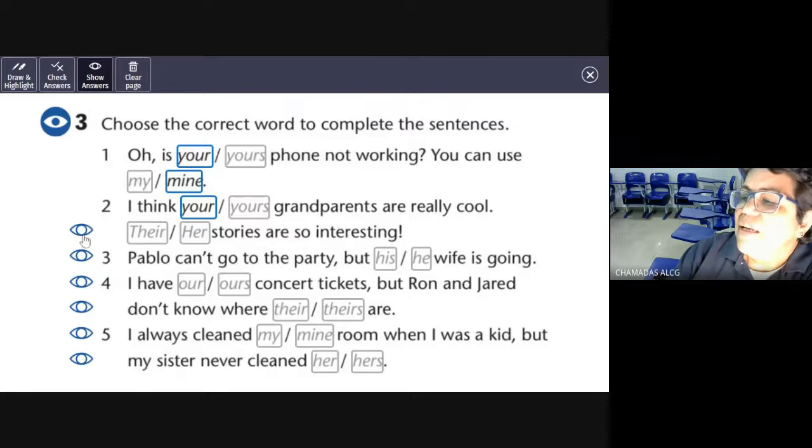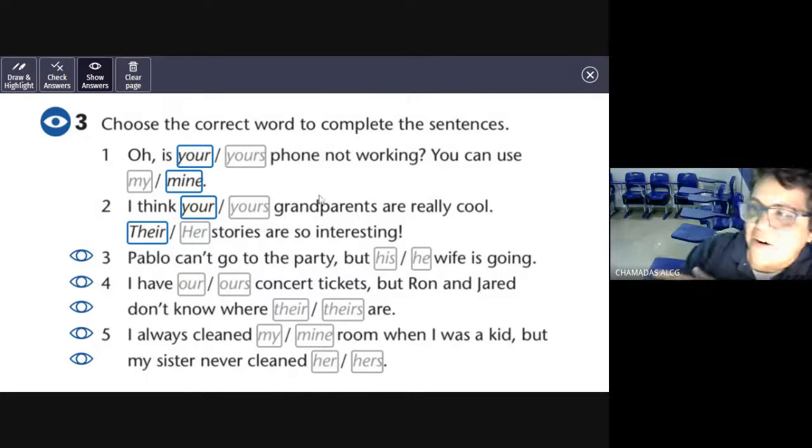Okay. Now, the second part. There. Yeah, because we are referring to our grandparents or their grandparents, not ours, right? But their grandparents. So their stories are so interesting, okay?